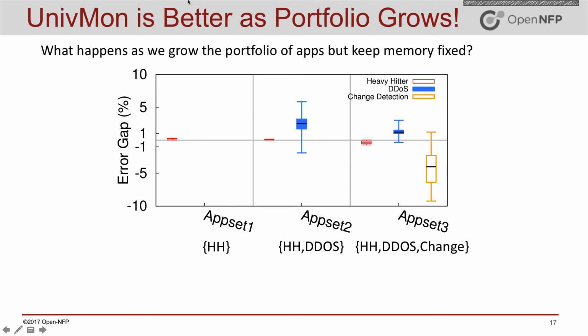And that's the power of the generality that universal sketching gives you. So these two things together tell us that universal monitoring is competitive, and more importantly, if you think about making this future-proof, this is a future-proof algorithm, because it does better as your portfolio grows going forward.